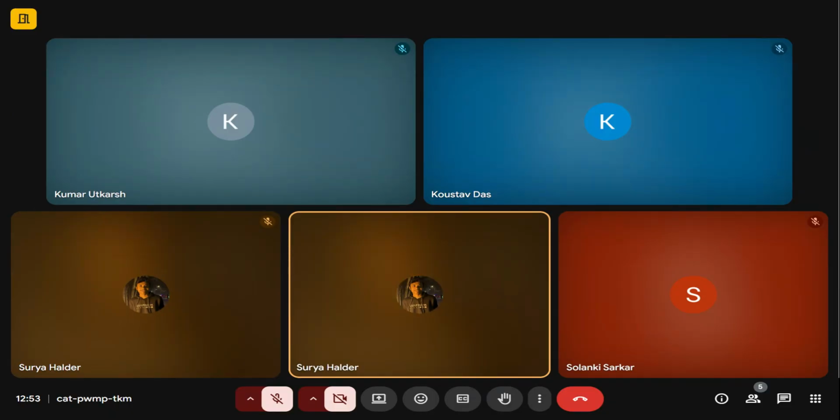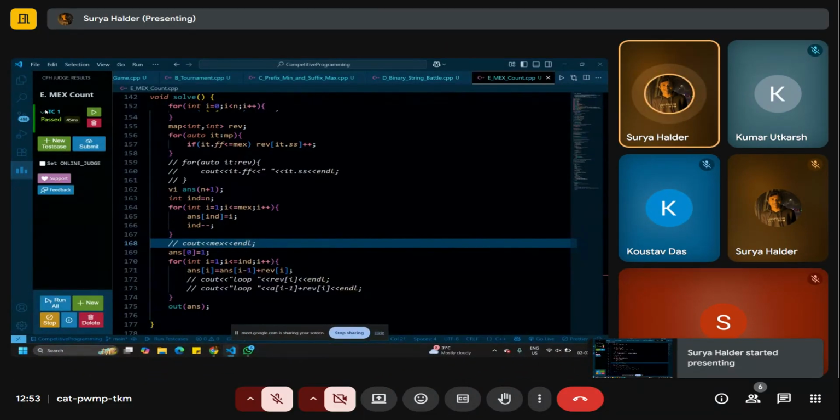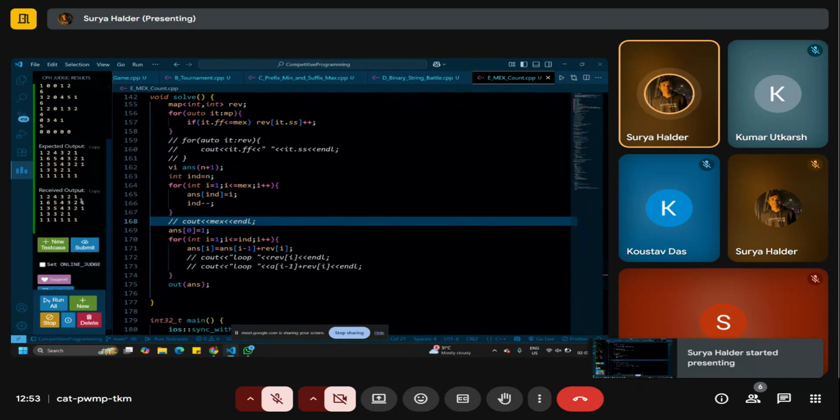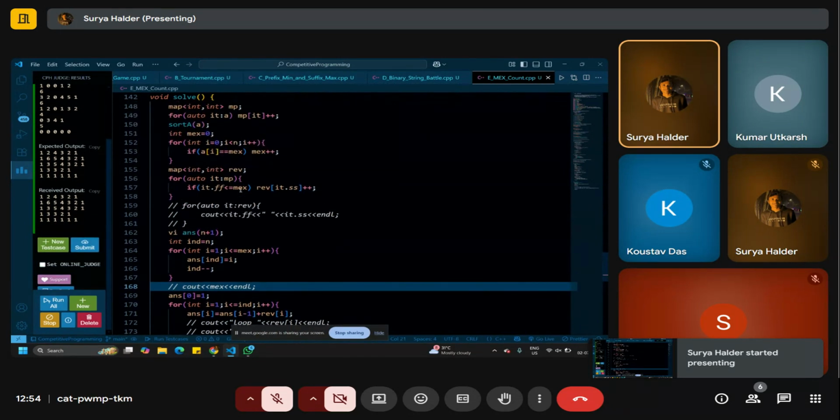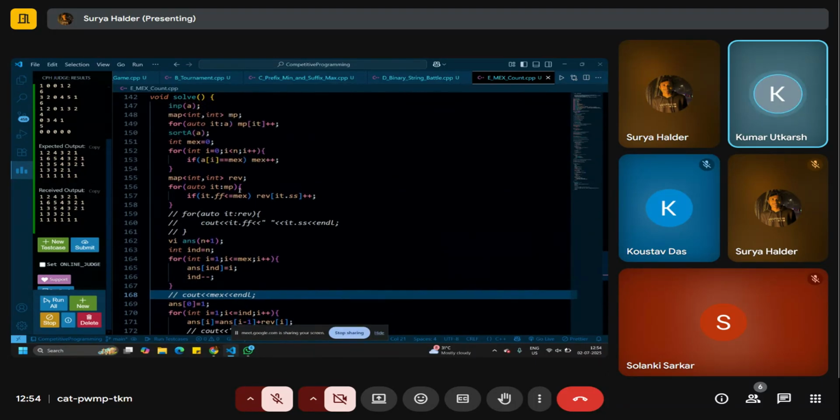Just 1 second. Have you made this type of setup in your VS Code? No, bhaiya, it has the Explorer open where I normally save all the files, not this thing.